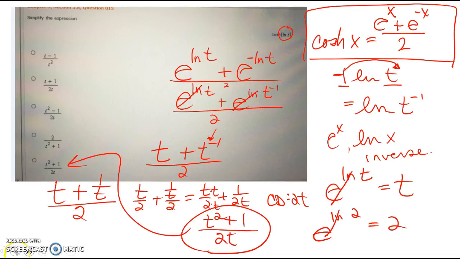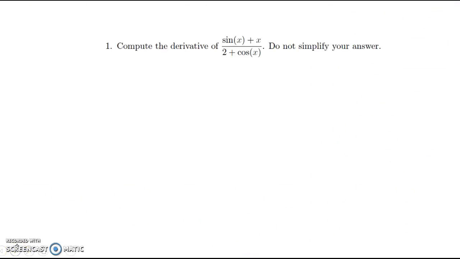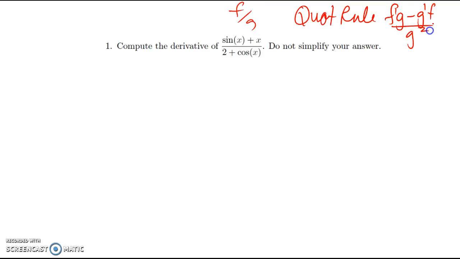Okay, let's look. We're going to start the sample test. It says compute the derivative, and I like how he says do not simplify your answer. So notice we have to use the quotient rule, right, which is, if it's f over g, f prime g minus g prime f over g squared. So the derivative of the top: derivative of sine is cosine, derivative of x is 1.